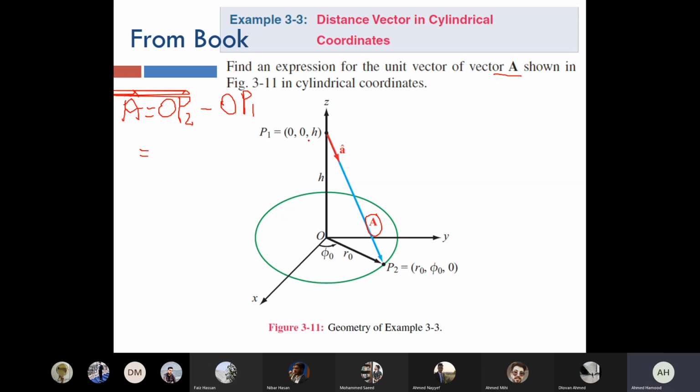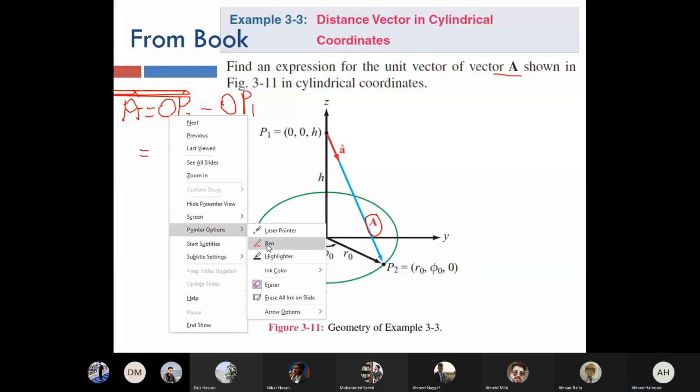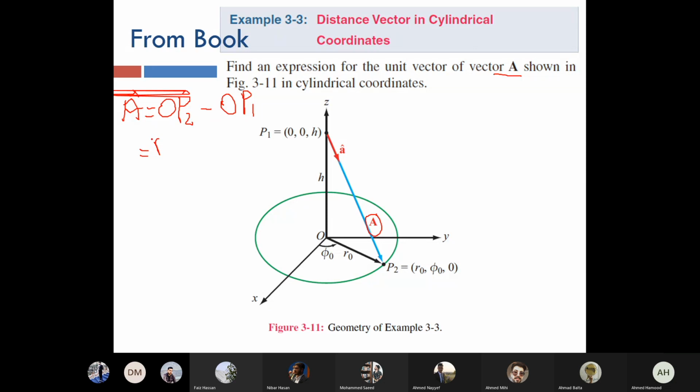Okay, so in this case, what do we get? We will get R vector R0, negative Z vector H. And this unit vector A is equal to A vector divided by the magnitude of A. The magnitude, we already know how to find it.